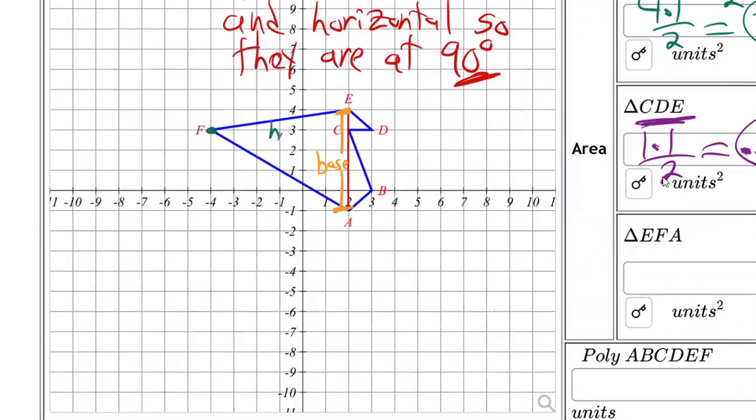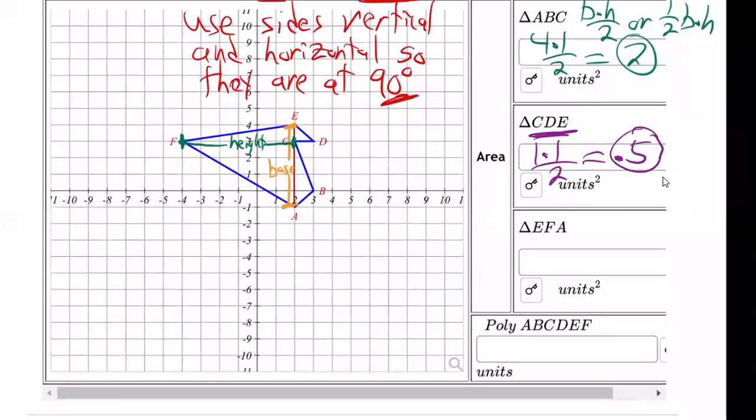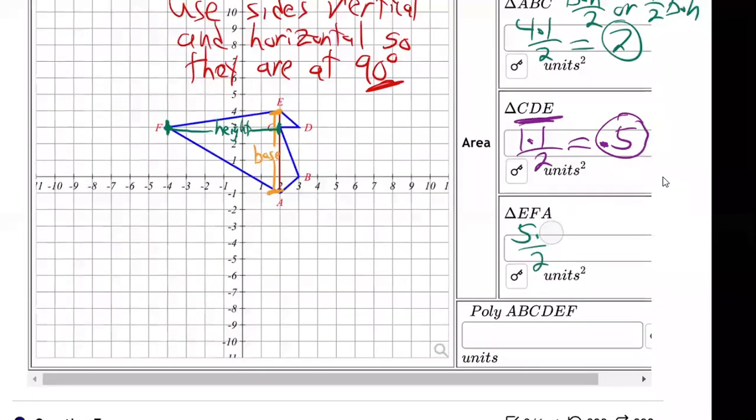From here to there. We good there? There's base and height for that triangle. So what's the base? Count the jumps. 1, 2, 3, 4, 5. And what's the height? 1, 2, 3, 4, 5, 6. 5 by 6. So it's 5 times 6 divided by 2. 30 over 2, 15.